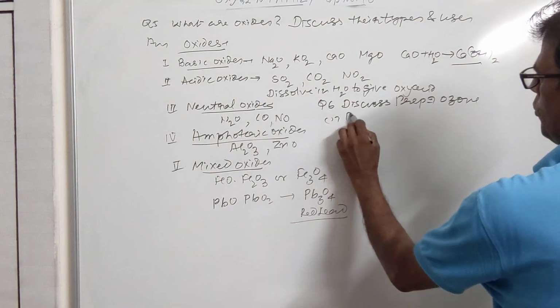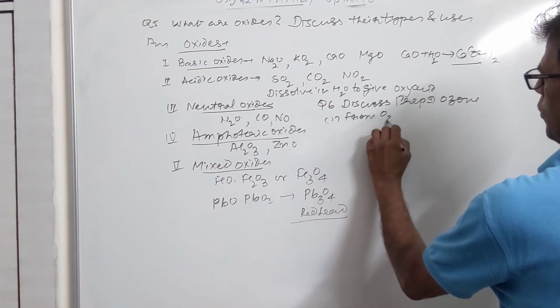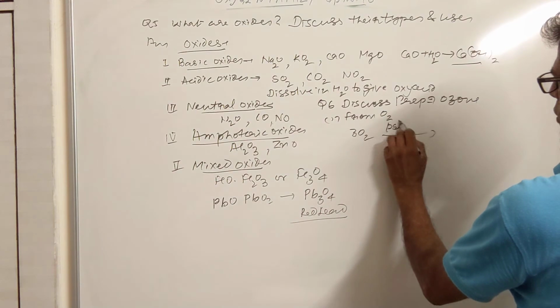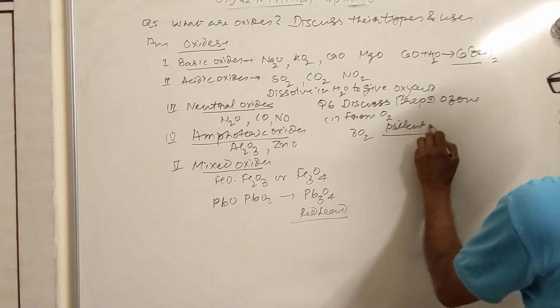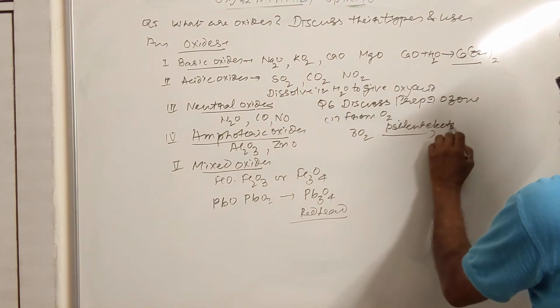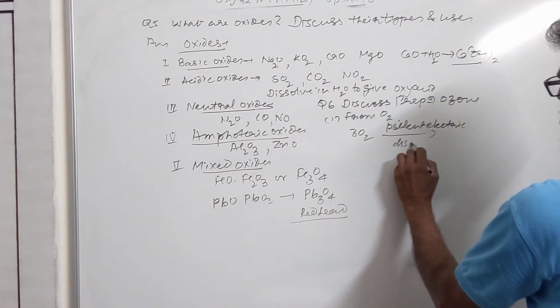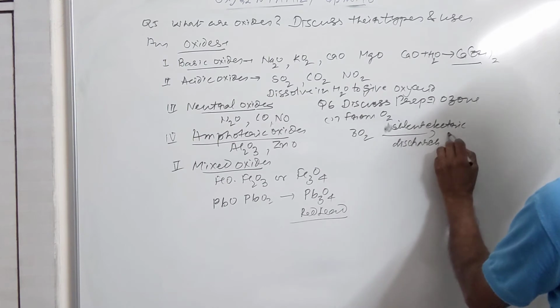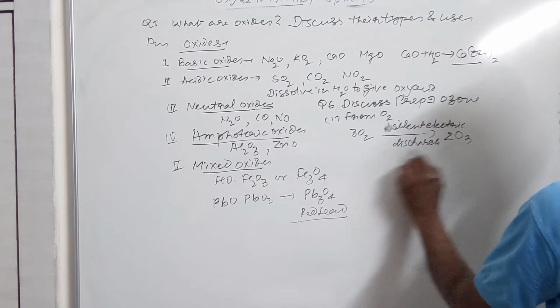Number one is from oxygen: 3O2, silent electric discharge, we get 2O3.